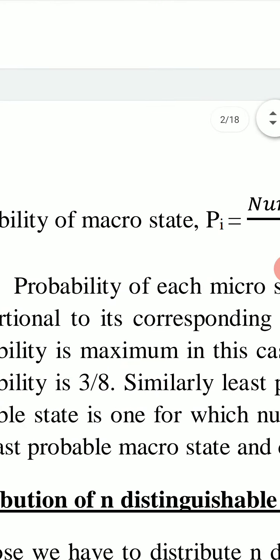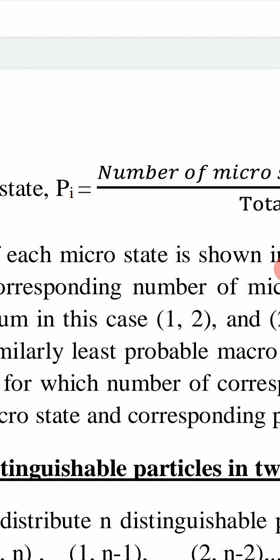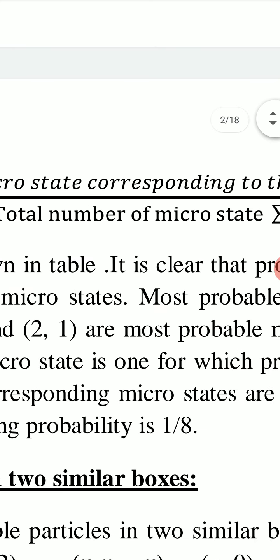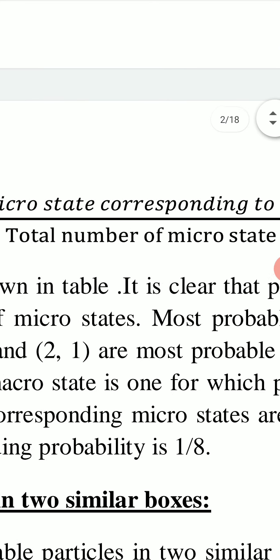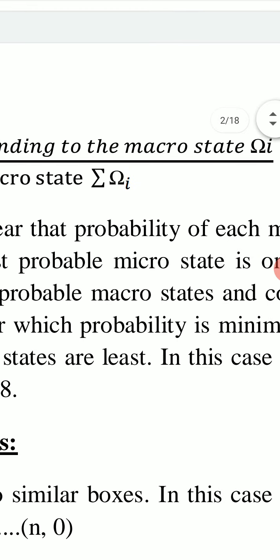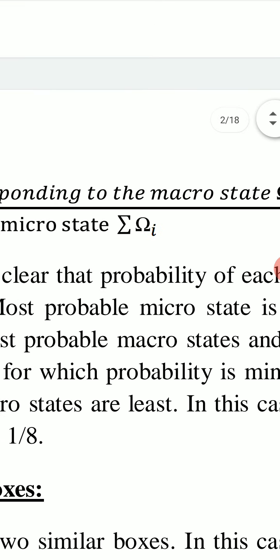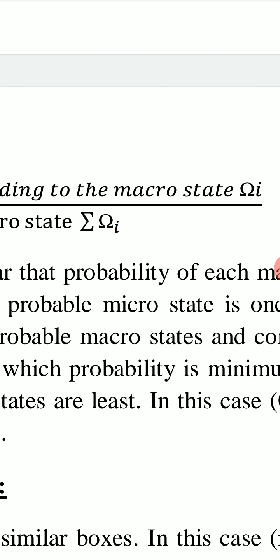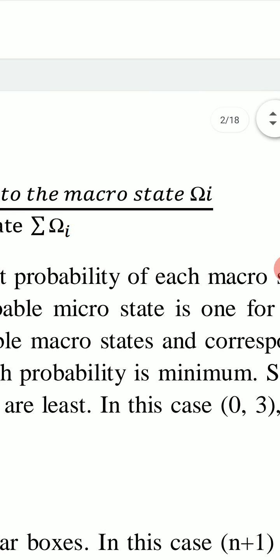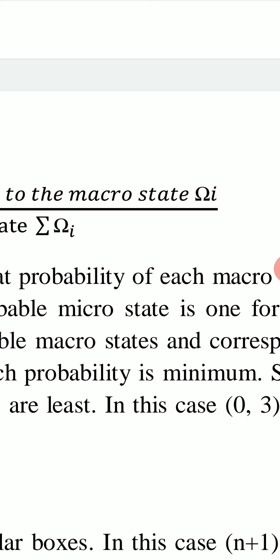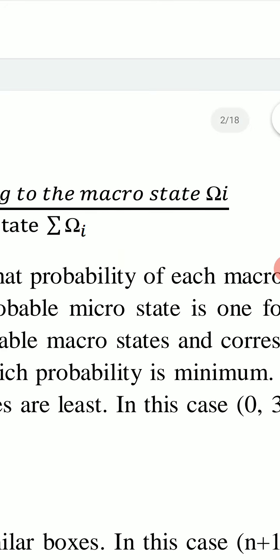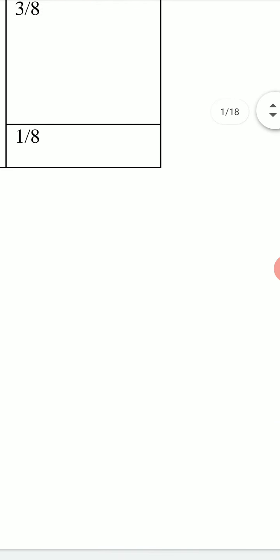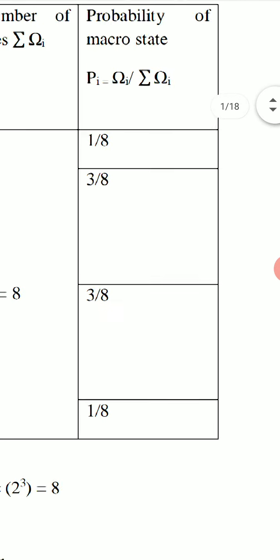The probability of a macrostate, we write it as Pi. It is the number of microstates corresponding to the macrostate, which we write as omega I, divided by the total number of microstates, which we write as summation omega I. So Pi will be equal to omega I upon summation omega I. We find the probability of these 4 macrostates.